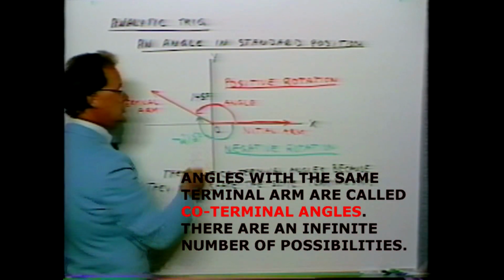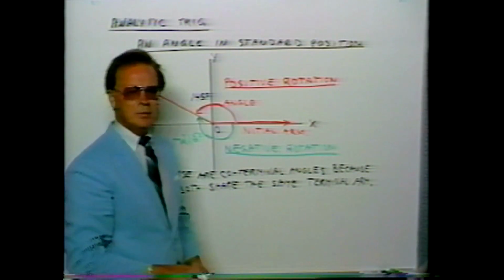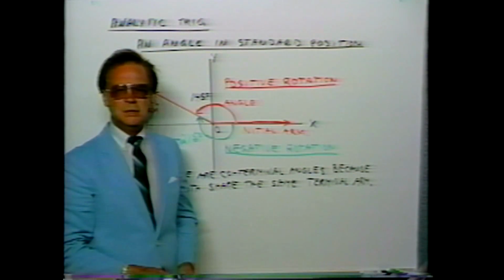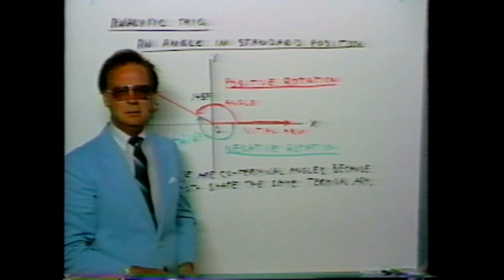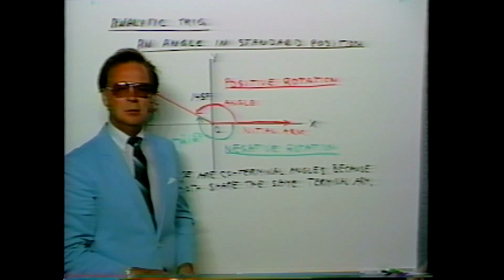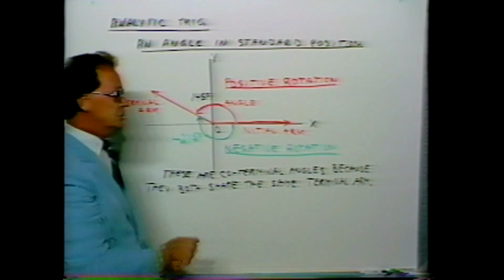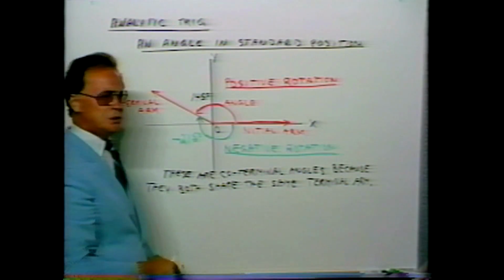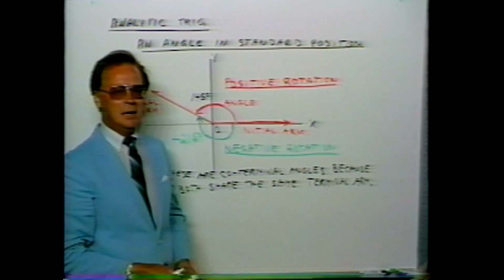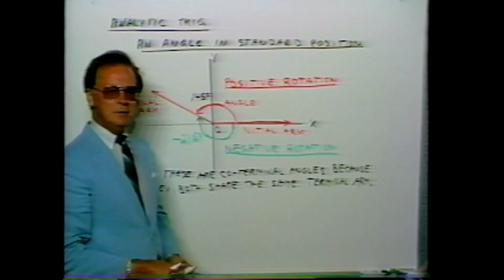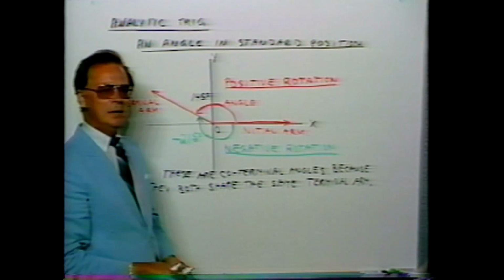If I assume the terminal arm producing a rotation angle where the rotation makes several complete revolutions and then finally stops at the position where the terminal arm now is, we will have another coterminal angle.